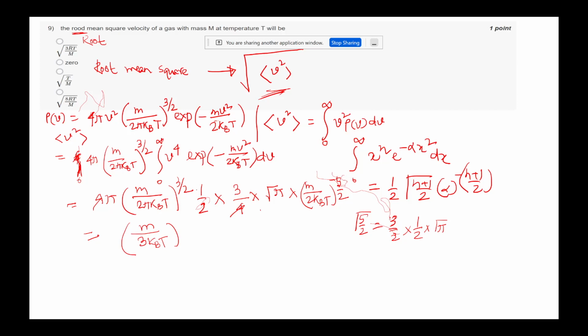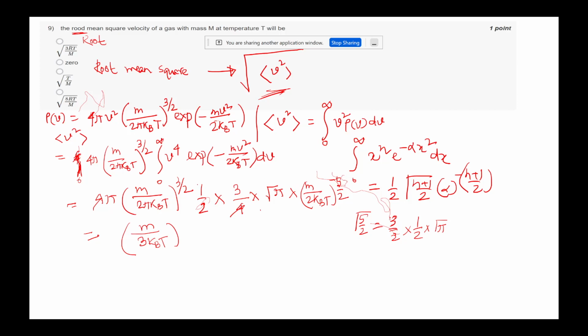How is this? So this 2 and this 4 cancel out. And there is 2 to the power 3 by 2, and there is 2, and that makes 2 to the power 5 by 2, and there is 2 to the power minus 5 by 2, that will cancel out. The pi also cancels out, because this is pi to the power 3 by 2, and there is pi to the power 3 by 2 in the denominator. So one m will survive, one kbt will survive, because 3 by 2 minus 5 by 2 will be minus half, minus 1.